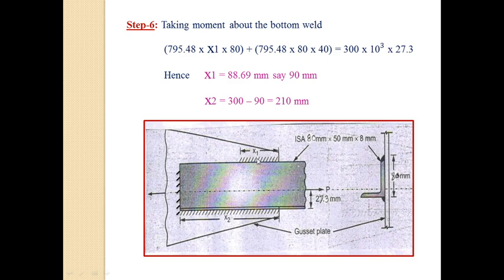this is the first load. Now the second load is this transverse weld we have provided. We are providing 795.48 per mm as design strength, and the total length is 80 mm.